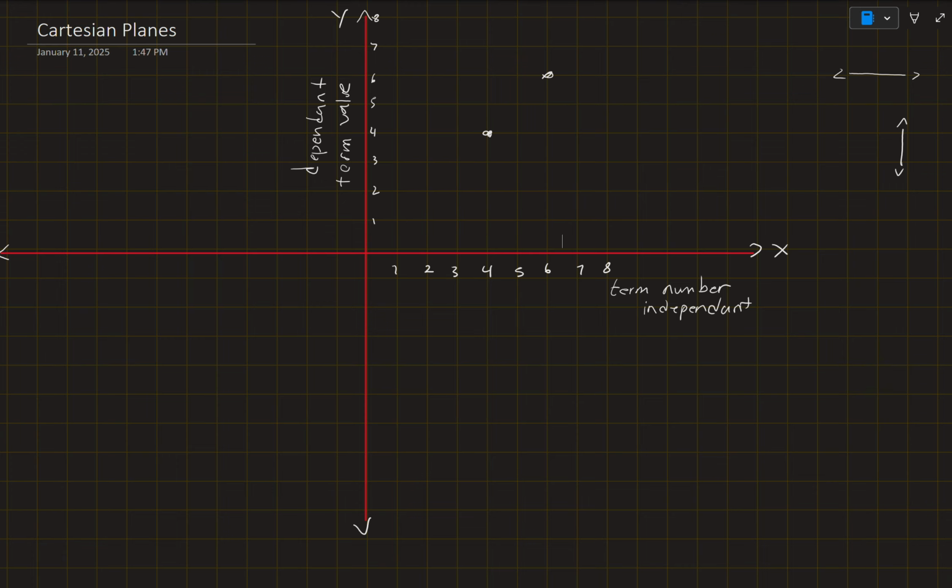If I'm dipping below 0, 0 being my circle right here, all of these numbers are negative. We're going below ground, all of these numbers are negative. If I'm dipping to the left, past my 0 here on the x-axis, all of these numbers are also negative. Okay, just so that we're aware.